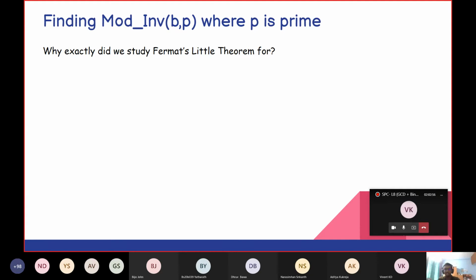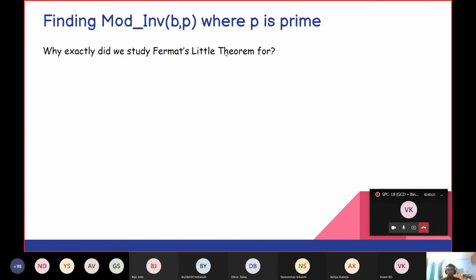You can brute force them, but if I give you numbers of size 10 power 9, like 1e9 plus 7 and 998254353, you can't keep checking from 1 to n to see if a times something is divisible. You can't go and check every multiple of a.